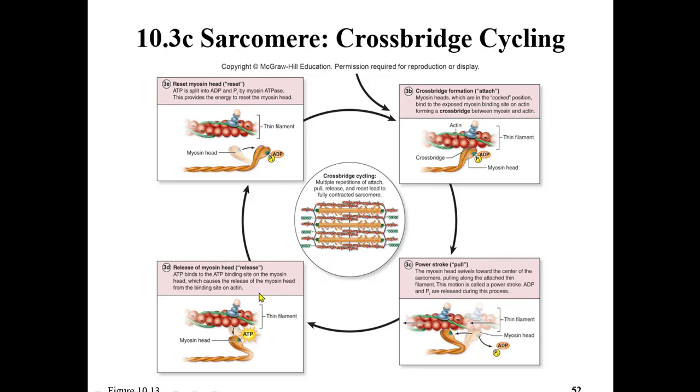Then I have a fresh, and if you look at my handout on the steps to muscle contraction, you'll see that it takes a fresh, a brand new ATP to release. Okay, so it takes one ATP to crank, attach, and pull, but it takes a fresh, brand new ATP to release.